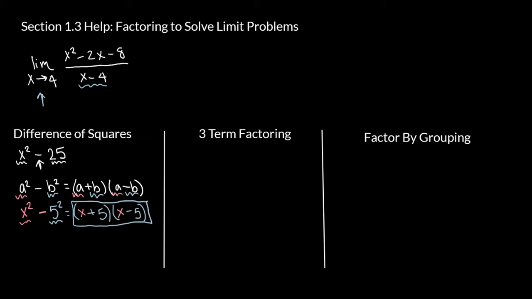Three-term factoring is when you have something like x squared plus 7x plus 12. Again, we're going to try to turn that into two sets of parentheses. In order to factor with three terms, we want to find the two numbers that go with x in this factored form, as in the difference of squares example, where the numbers were 5 and -5 that went with the x's.